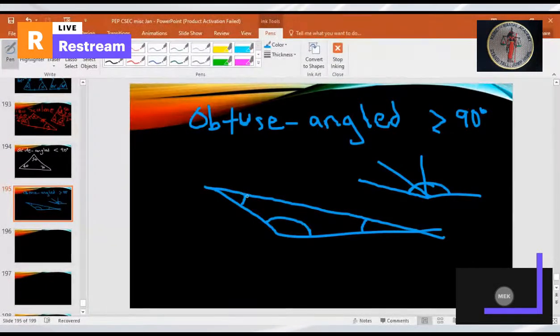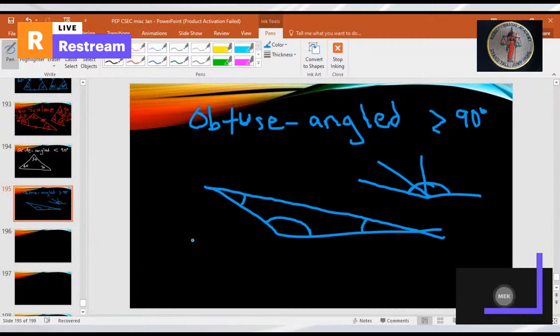All right, so we've looked at the right angle triangle, equilateral, the scalene, isosceles, the obtuse angle triangle, and the acute angle triangle.